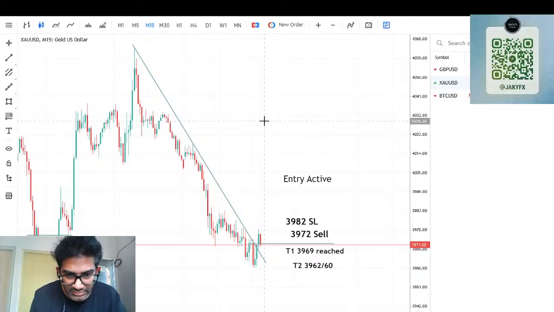You can book your profits, partial profits. Or those who are safe traders who are looking only for the first target, book your targets when it's reaching 3969. It's almost there, just one more point down and it will reach 3969. Be ready to book your targets. Those who are safe traders and those who are risky traders, make sure you book your profits partially, and with a trailing stop loss, go for the second target, which is at around 3962.